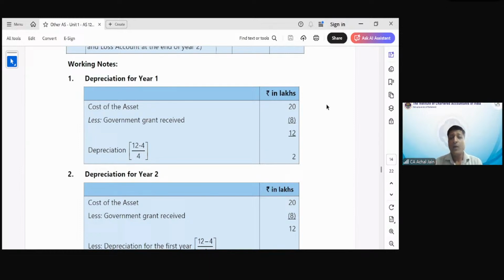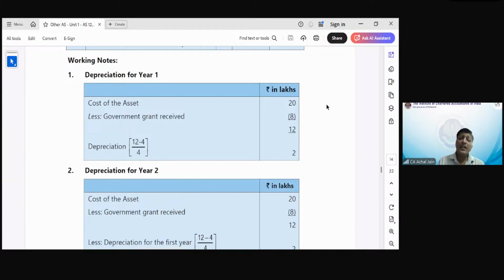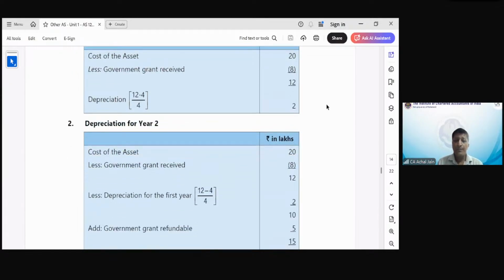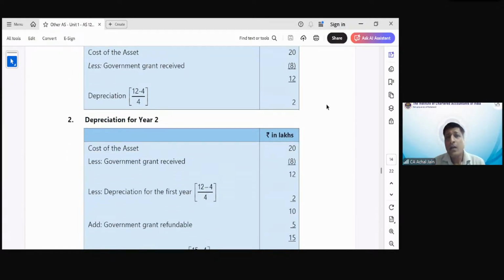We need to find out what is going to be the depreciation amount if you increase the value of the asset. So the cost of the asset is 20, from which when you reduce the grant, it became 12. Okay, and you charge the depreciation of 2, so it became 10.